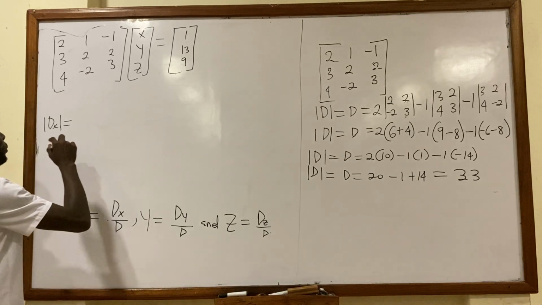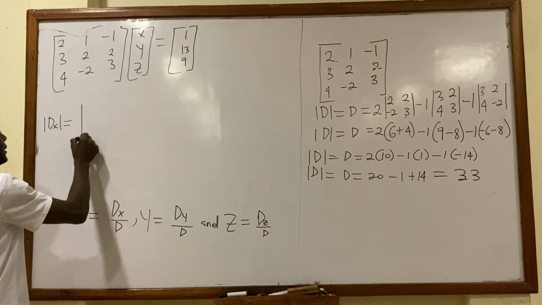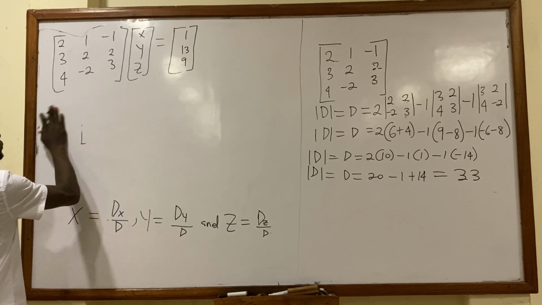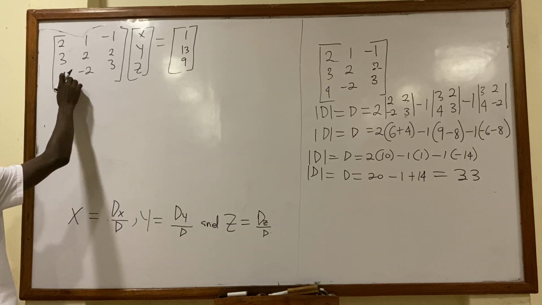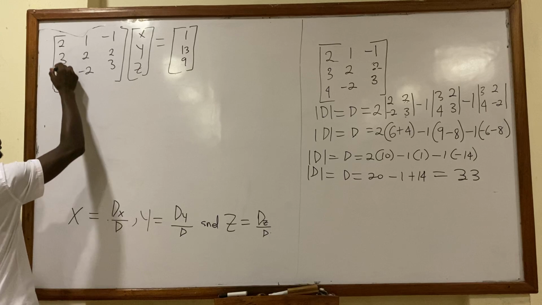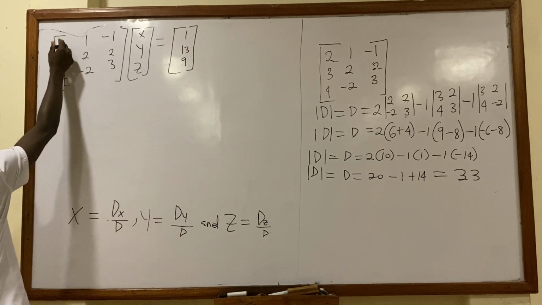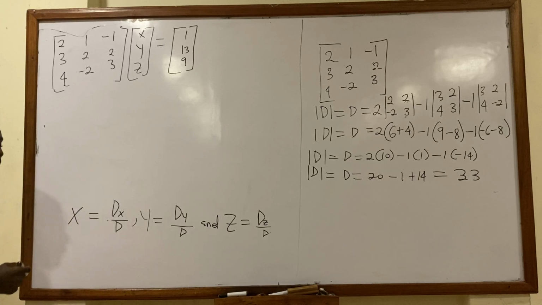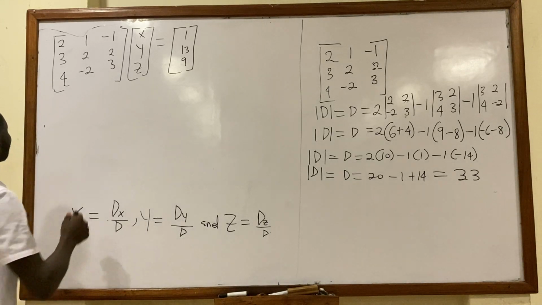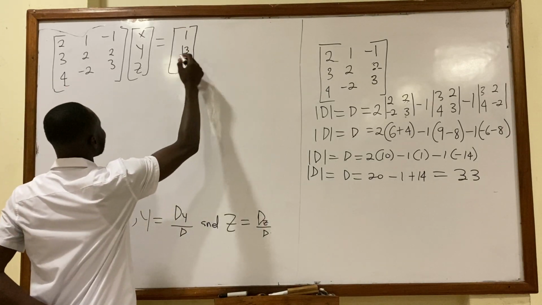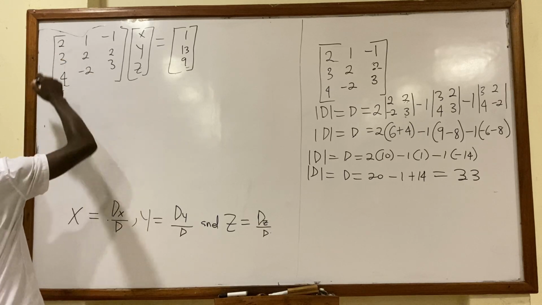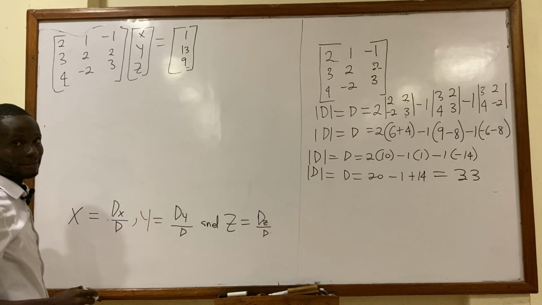So when you want to find the Dx, you substitute the constants in place of the values for the x, right?